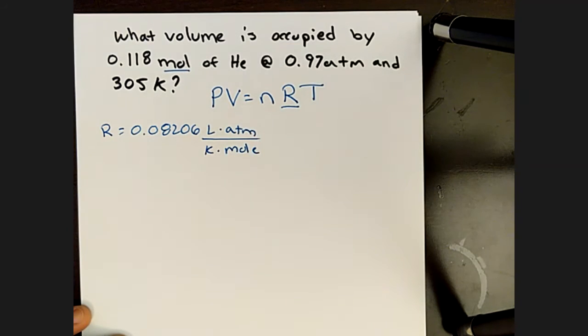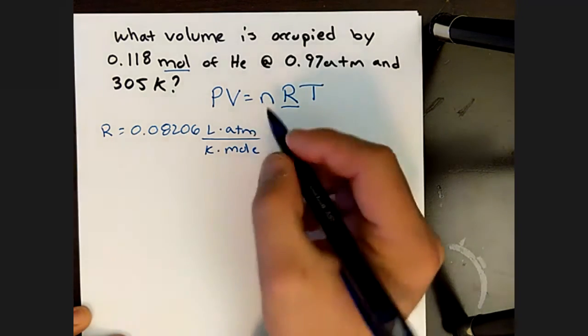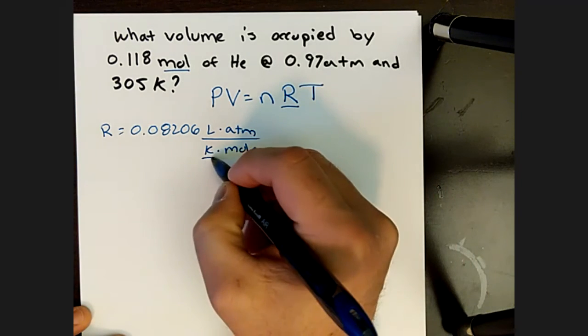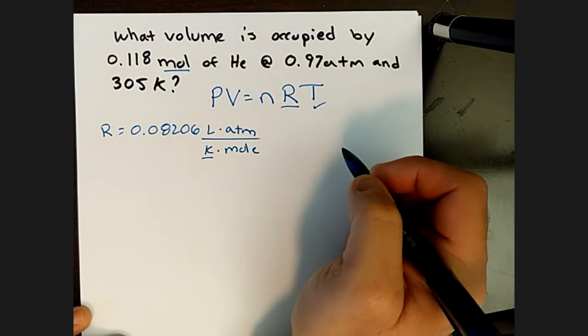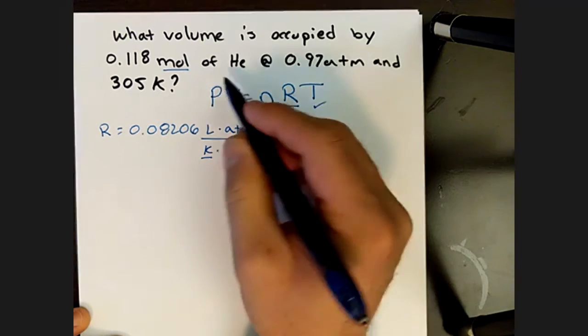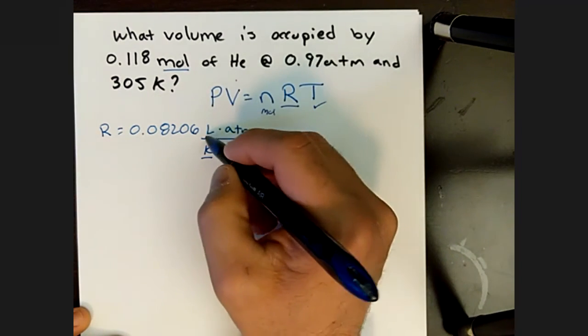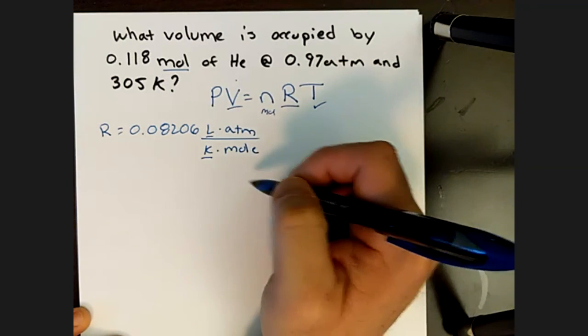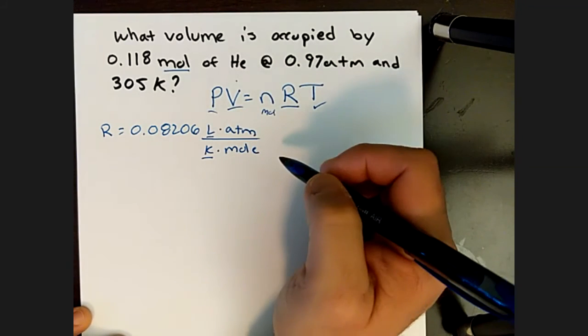It is kind of our Rosetta Stone value that allows us to convert back and forth between these various units. In this case, that means that the temperature must be in Kelvin, your moles in moles, your volume must be in liters, and your pressure must be in atm.